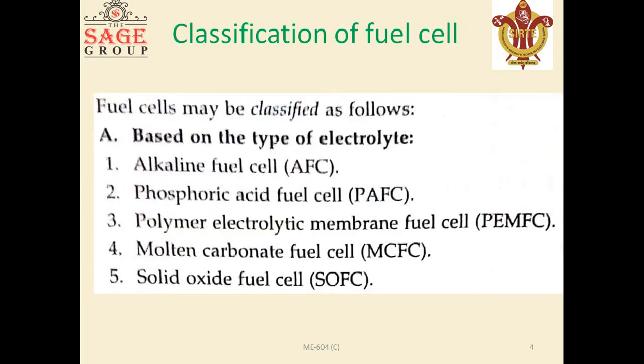Now the classification of fuel cells. Fuel cells may be classified as follows based on the type of electrolyte: alkaline fuel cell, in short AFC, phosphoric acid fuel cell PAFC, polymer electrolyte membrane fuel cell PEMFC, molten carbonate fuel cell MCFC, solid oxide fuel cell SOFC.